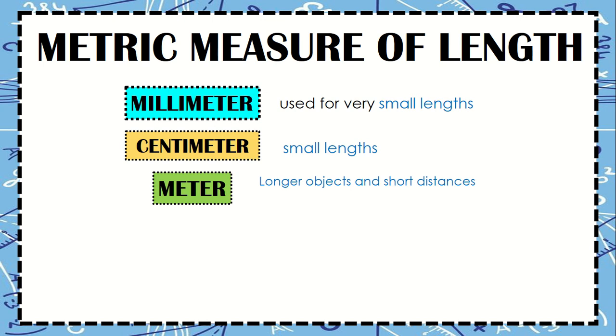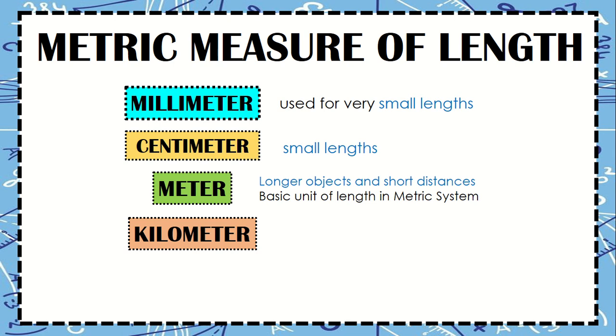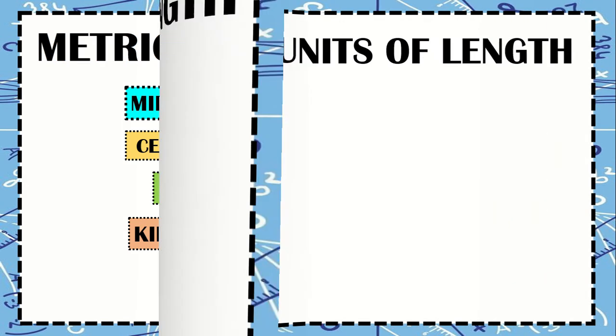Ngayon, tatanungin nila kung ilang meters ang layo ng bahay ninyo papunta sa tindahan. So, gagamitin natin yung unit na meter. Tapos, yung longer objects naman, for example, you are going to measure the length of window, your bed, or your room. And meter din is the basic unit of length in metric system, while kilometer is used for longer distances.